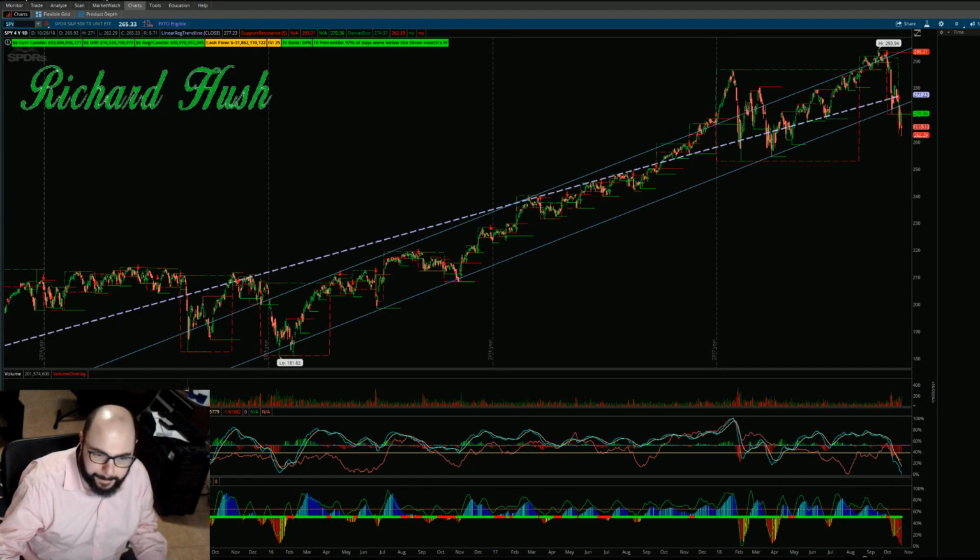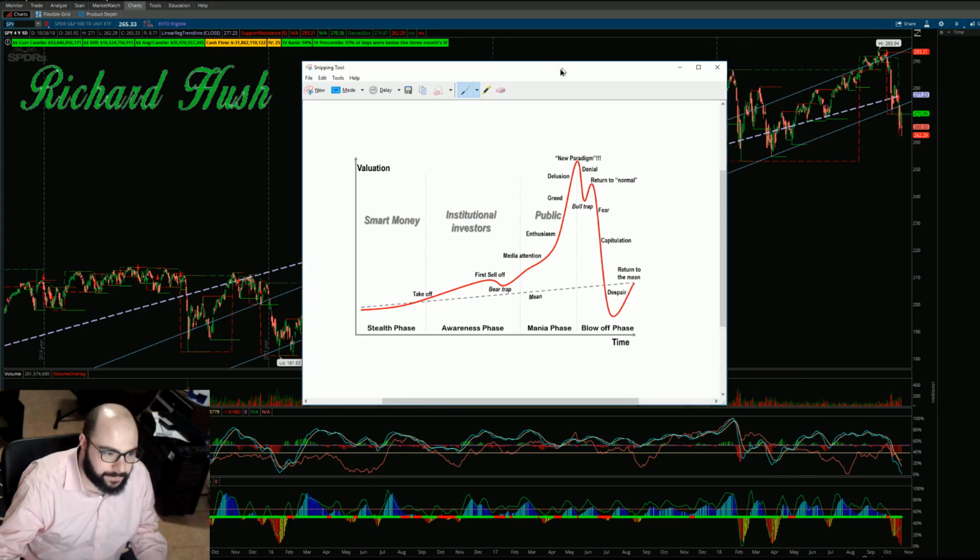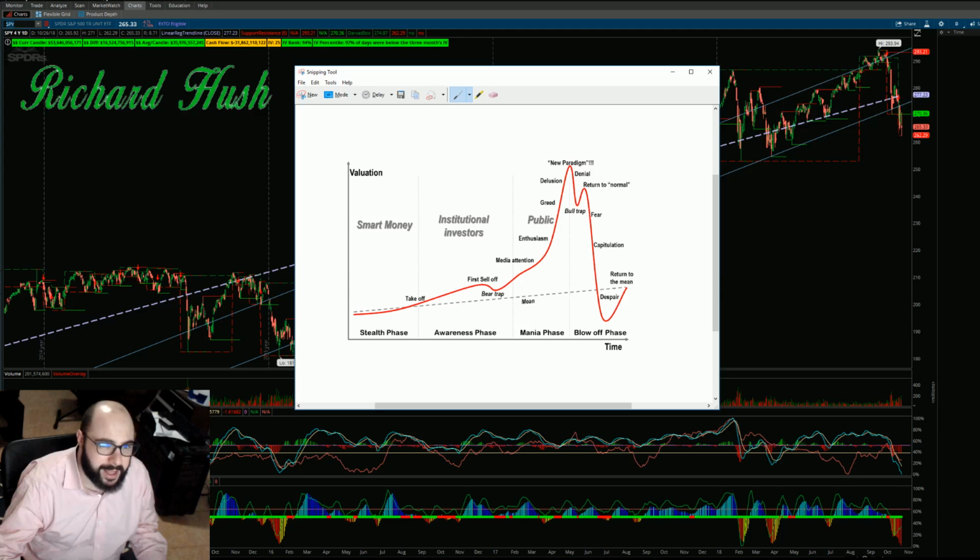Okay, so now that we see this big thing on the SPY, here's the stages of the market, right? Now, I think that January was this right here.